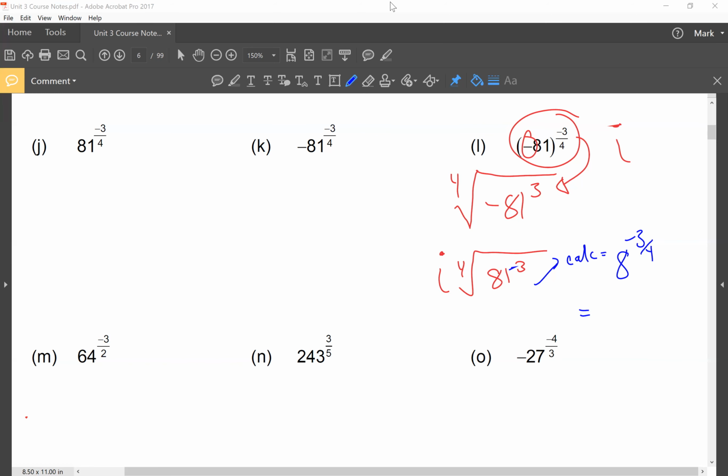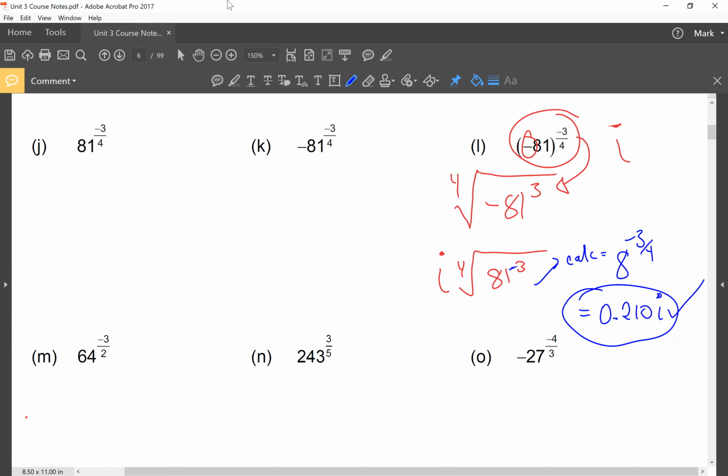Okay, sorry. The calculator is giving me a decimal. It's saying 0.210. It's not giving me a fraction for this. So this is fine. This is what my calculator is giving me. If you did this without the calculator, manually, well, I guess that's it. This is the answer that the calculator is giving me.